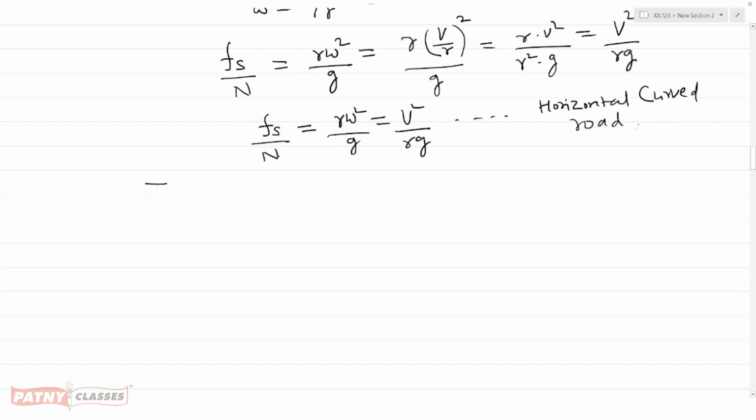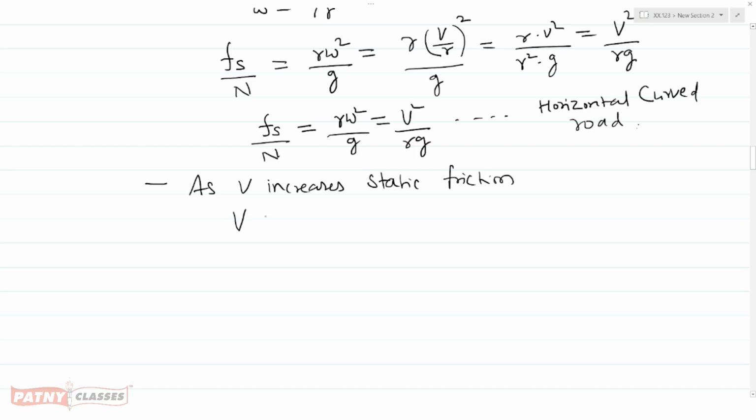Here I already told you that as v increases, static friction also increases, and static friction acquires a certain maximum value.